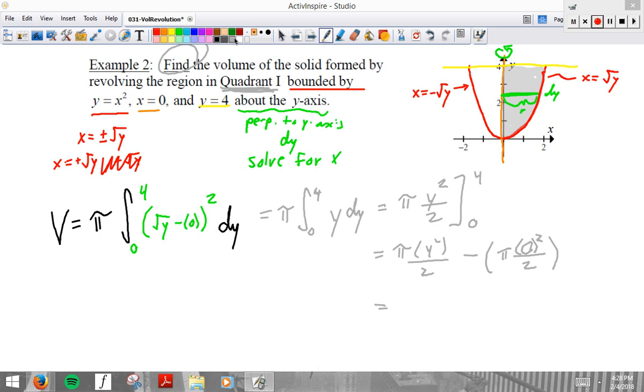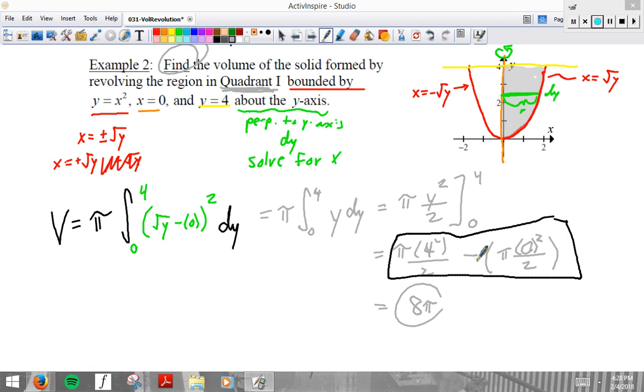I'll box it just so you're all clear. You could stop right there. Careful that my y doesn't look like a 4. I'm sorry, the vice versa. That should be a 4, not a y. If you did simplify, 4 squared is 16, 8 pi. So this volume that you would get by revolving these slices from here to here would be 8 pi. That's enough for now.